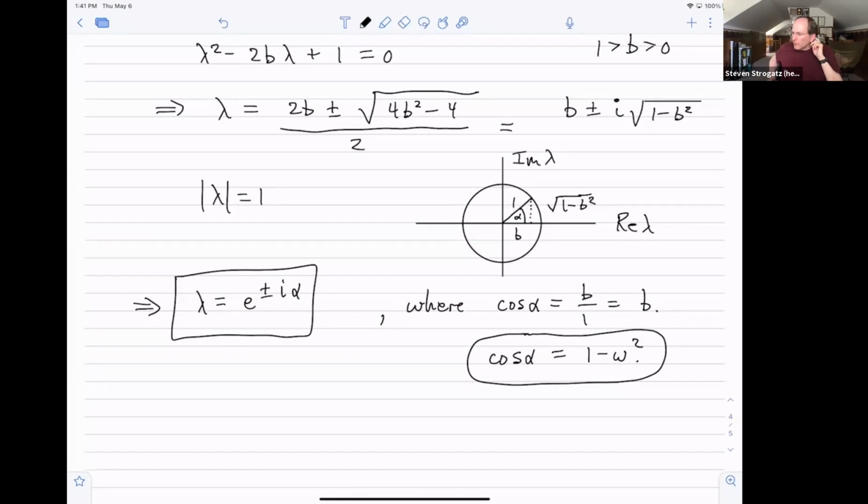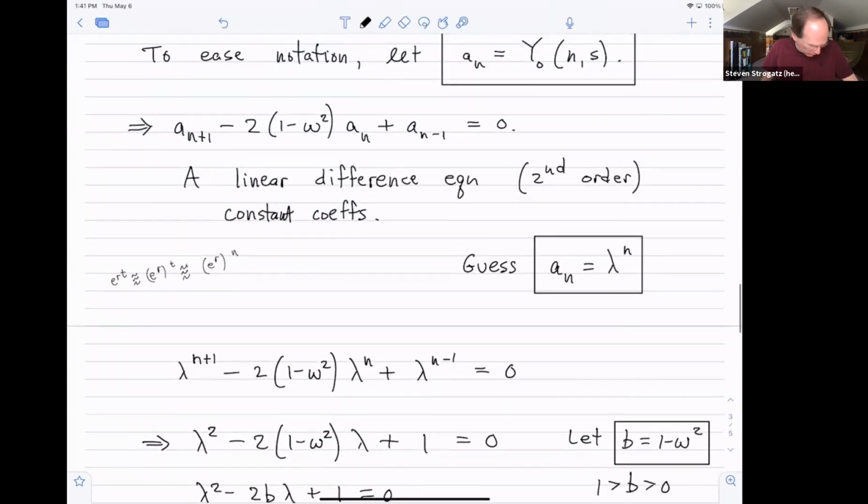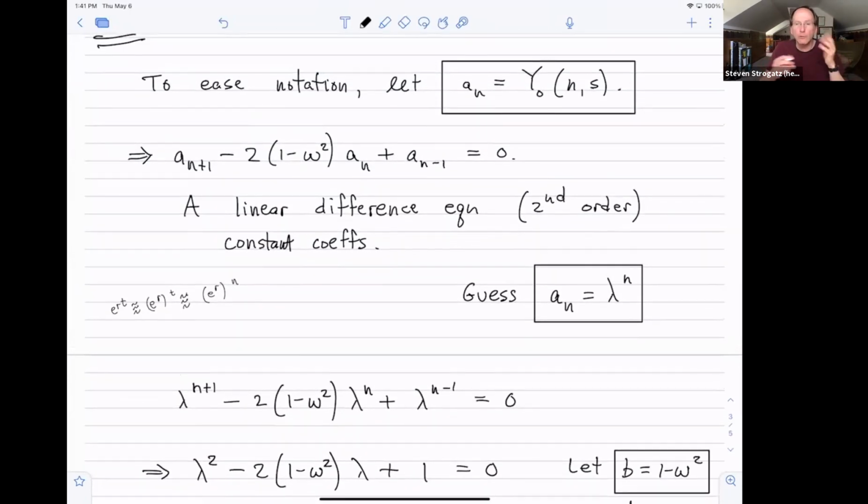All right, so in terms of all that stuff, what was the point of all that? I had to solve this linear difference equation, and I've just solved it. I just got two linearly independent solutions. There are these two different lambdas to the nth power.